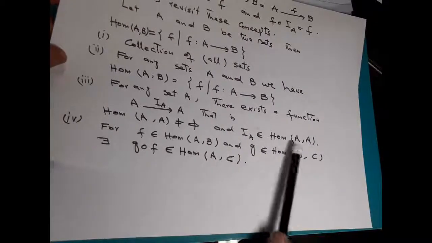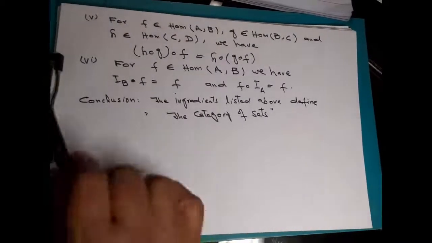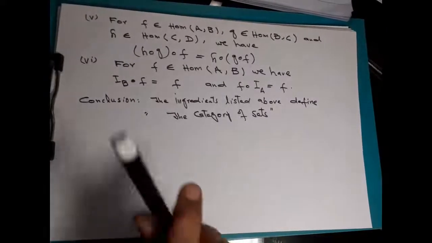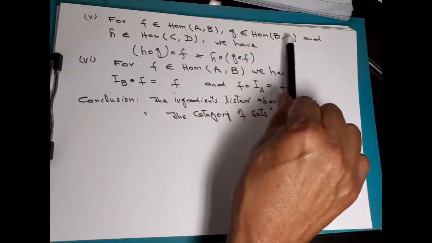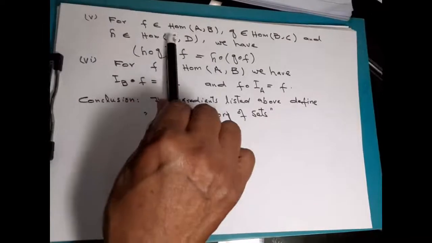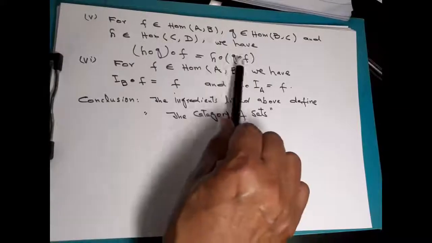And then if we are given a function with domain A and codomain B and another function with domain B and codomain C, then we can compose these two functions in order to obtain a function with domain A and codomain C. And then we have noted that if we are given three functions, f with domain A and codomain B, g with domain B and codomain C, and h with domain C and codomain D, then their composition is associative.